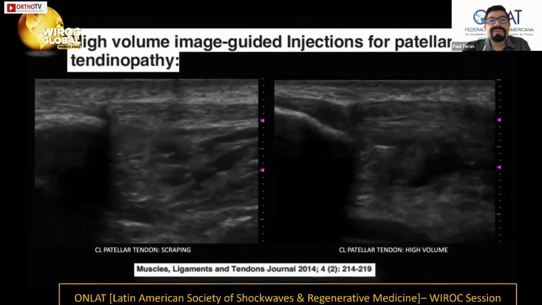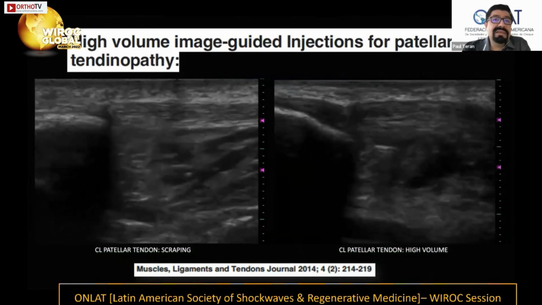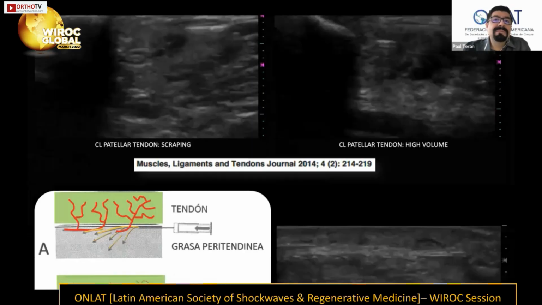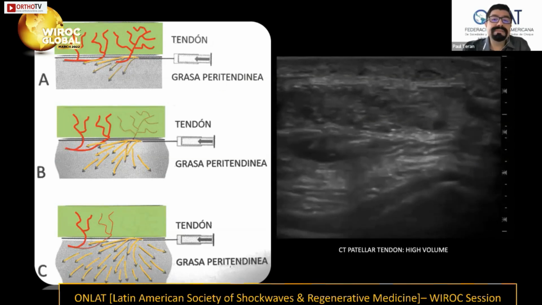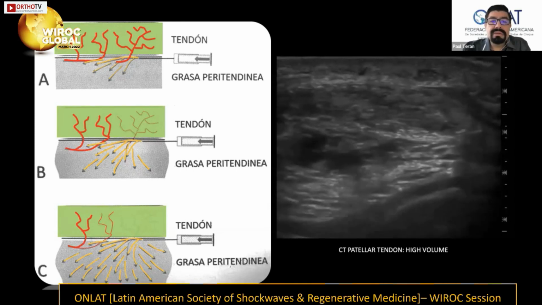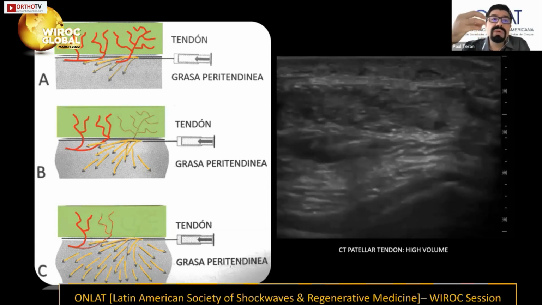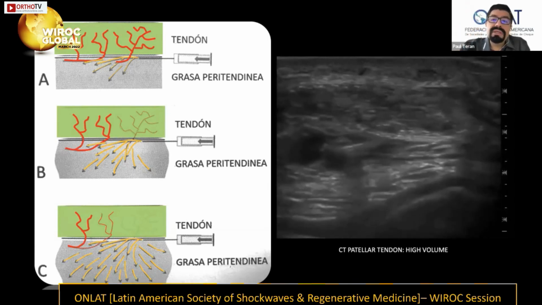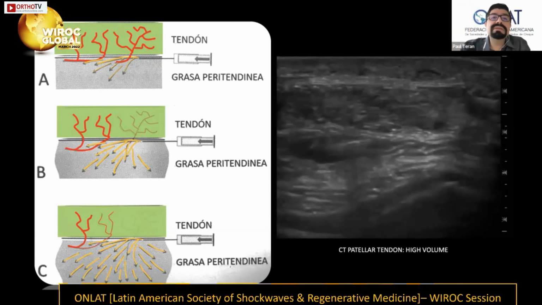Some examples of this technique: the objective of this technique is to dissect the space between the tendon and the Hoffa fat, eliminating the pathological blood vessels. With more flow of fluid, we can cut the pathological blood vessels.